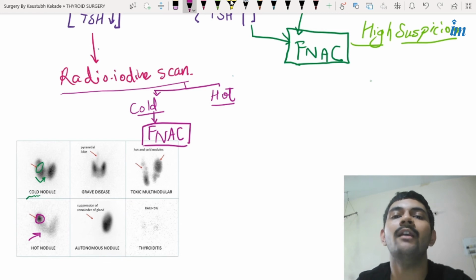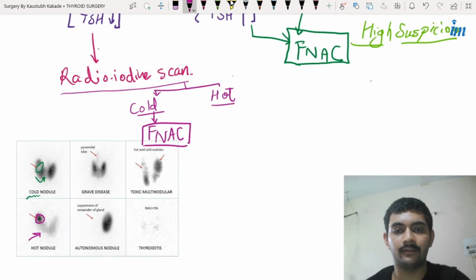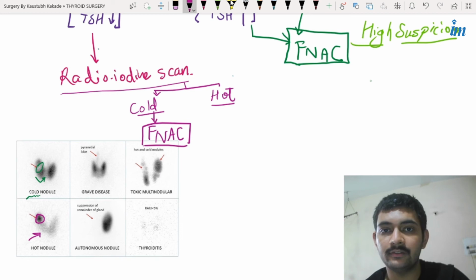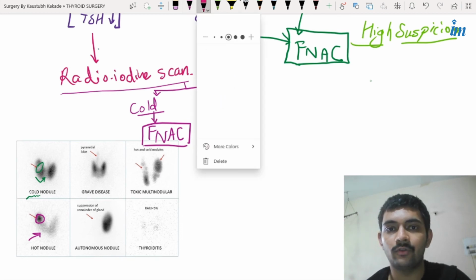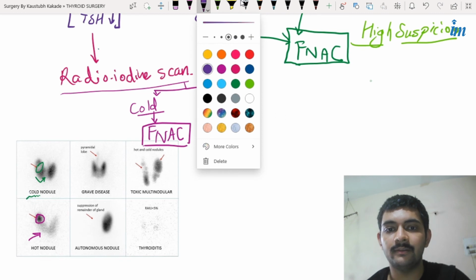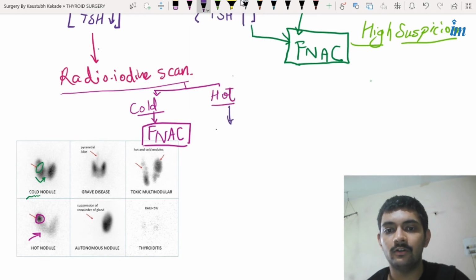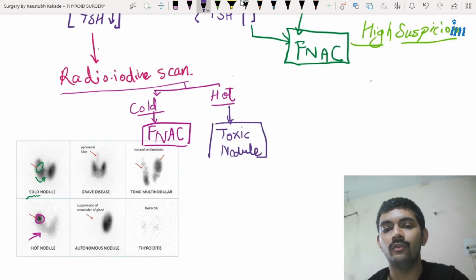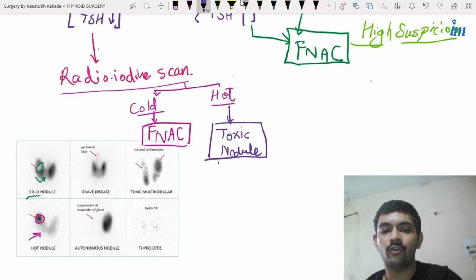So this is a simple medical condition, uncomplicated. And what will be the diagnosis in this case? The diagnosis will simply go towards a toxic nodule or a toxic adenoma, right? And in that case, what you are going to do?